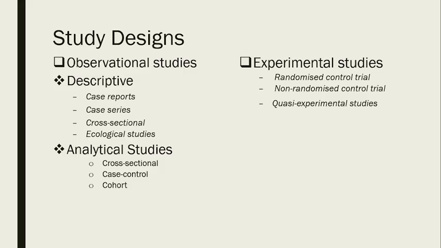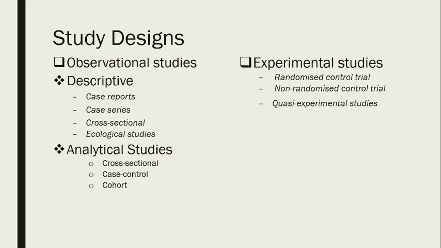Then case control. So you have your cases with a disease condition compared to a non-disease or healthy group. That's case control. Then cohort studies are longitudinal studies where a group of people at baseline who are free of a disease condition are followed for a period of time and then tested over time.